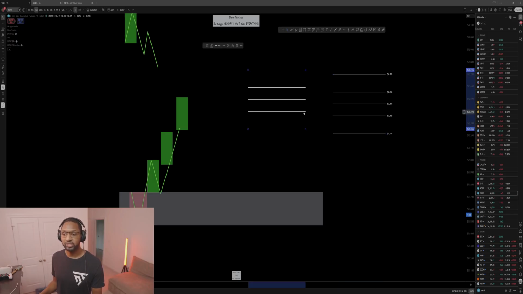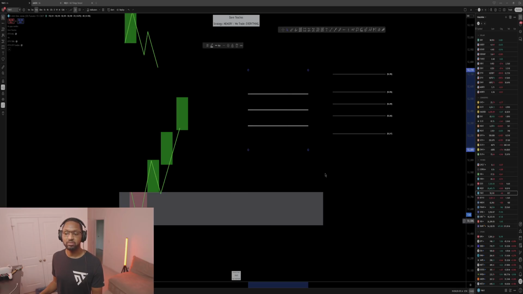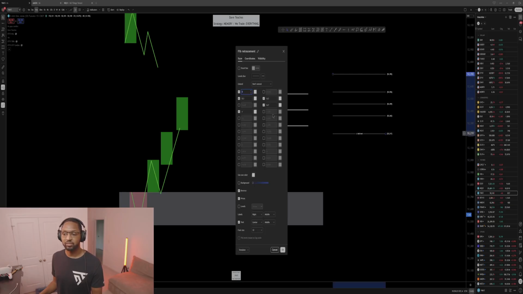Whichever one it is, it doesn't matter. What you're making sure you have on this fib is the 30, the 50, and the 70, right? The 0 and the 1 are there if you want to put them, I just don't have it on. But the 30, the 50, the 70, that's the only fib levels that we have. Same thing inside of here: it's the 30, the 50, and the 70, or 0.3, 0.5, 0.7, right?